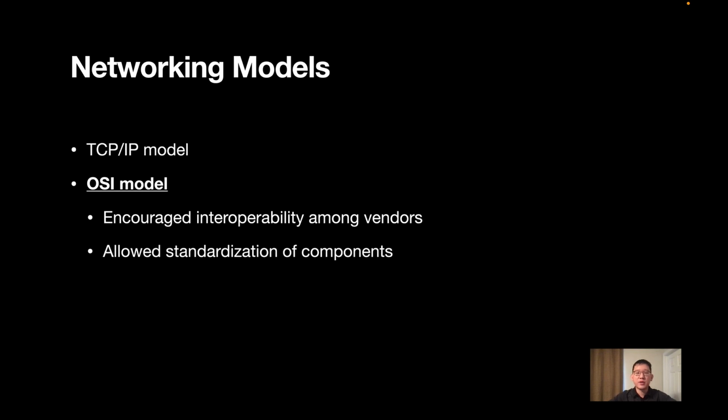When you have an open networking model, you actually encourage different vendors to come together and implement the networking stack so that they can all communicate with each other, right? So that solves a huge problem from a historical perspective, and it encouraged interoperability among vendors. And it also allowed the standardization of components, which allowed more vendors to create products. And that created a whole ecosystem of products that we all love and use today.